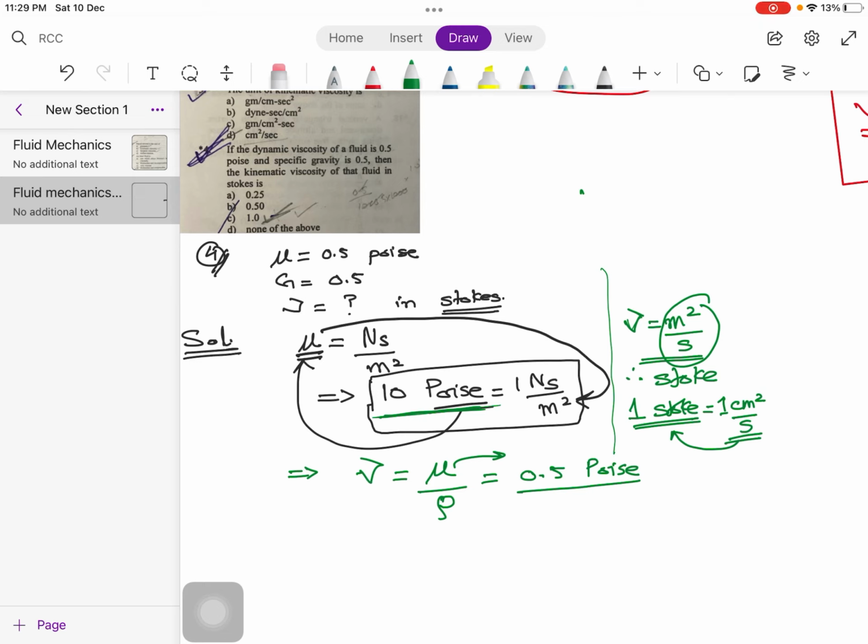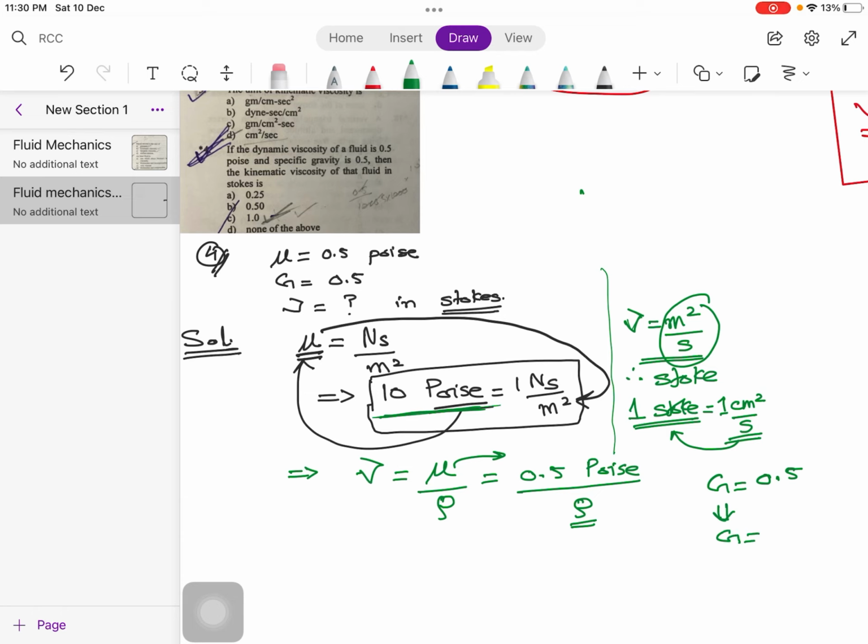So kinematic viscosity would be 0.5 poise upon the density. But in this question, we have not been given the density. Rather, we have been given the specific gravity, which is 0.5.